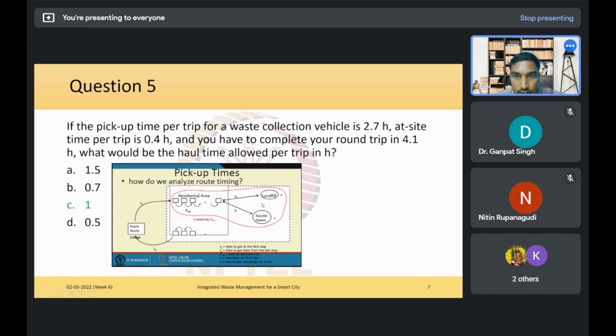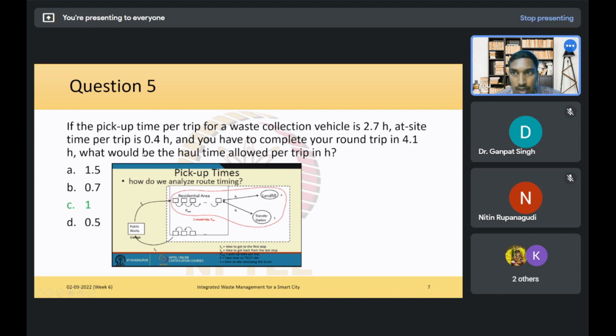And this totally is called the round trip, because we are starting from the residential area, going to the landfill or the transfer station, and then coming back to the residential area. So we have different components: the pickup time, which is the time spent in the collection.